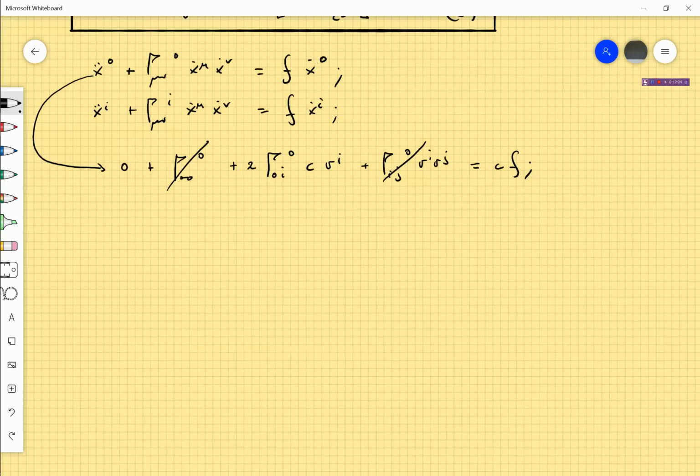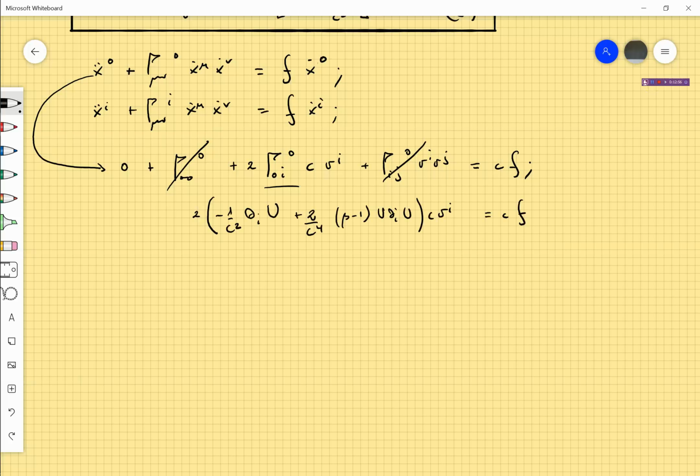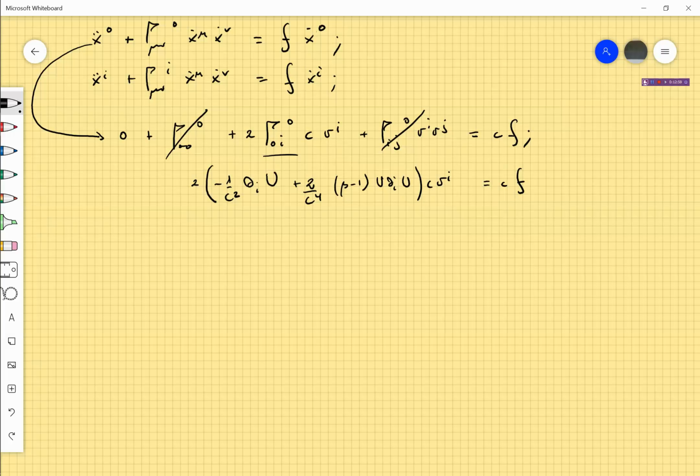Since we have the expansion of these Christoffel symbols, we use it. This gamma 0 i is minus 1 over c squared partial i u, plus 2 times (1 over c) (beta minus 1) u partial i u c v^i, and this is equal to c f. Since we are going to stay at lower order than before, this term we ignore.